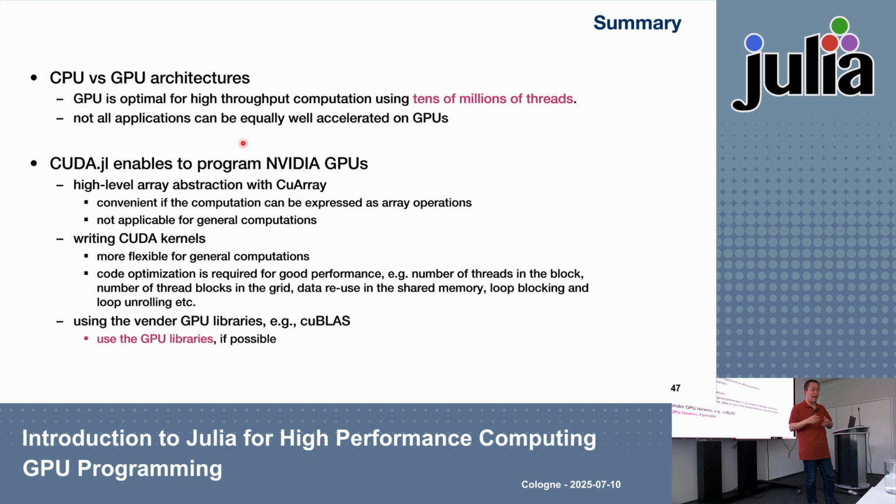But if it's like tree search, I'm a fake computer scientist, this binary tree search, if it is the case, better not consider GPU, better consider, let's say, multi-threading or even MPI, to divide this tree into several subtrees.